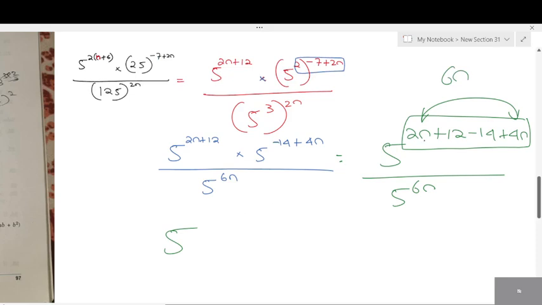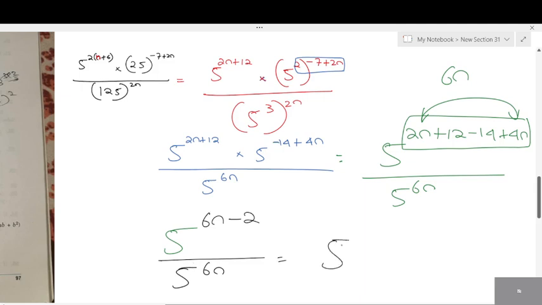Okay, others, did you all understand till here? What did you all get, students? 2n plus 4n is 6n. What is 12 minus 15? Minus 2. Divided by 5 to the power of 6n. How are these two related? Division or what? Quotient law.